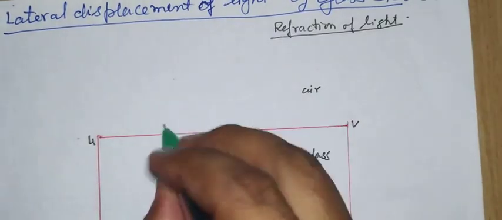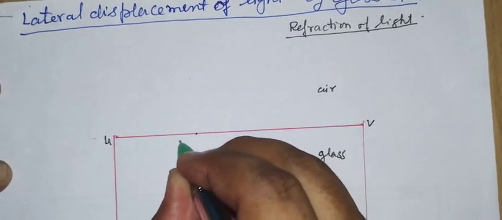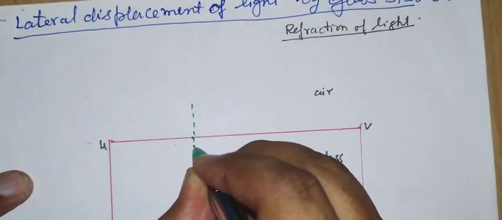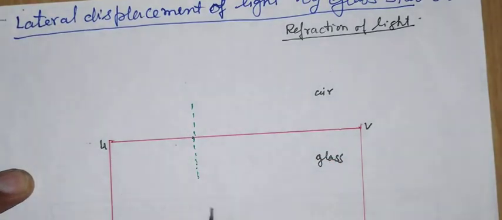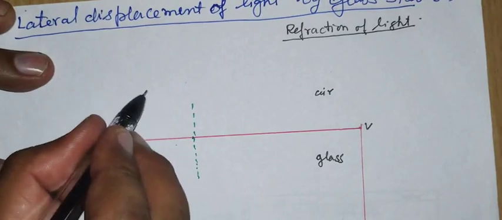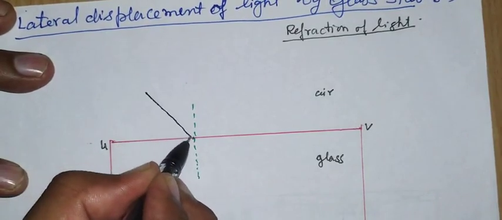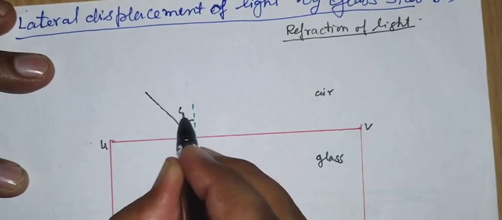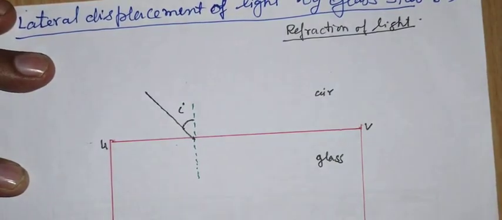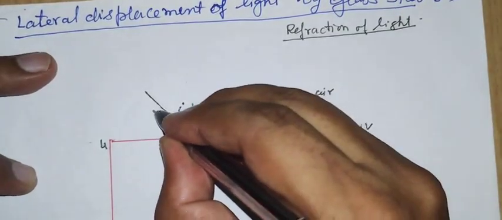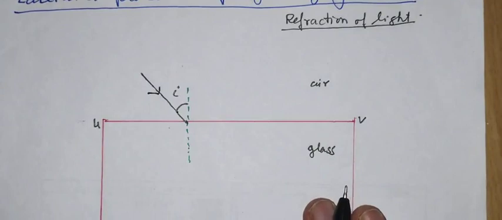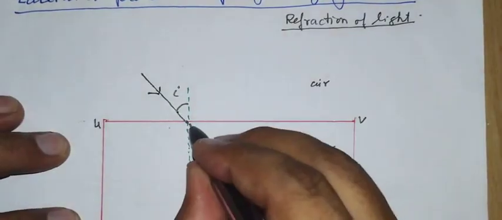Consider a point here. At this point take a normal. At this normal take an incident ray. The incident ray makes angle I with the normal. Now when this incident ray passes from air to glass, it bends towards the normal.